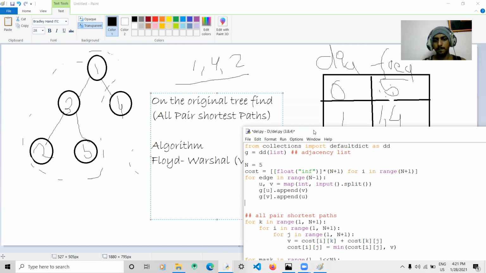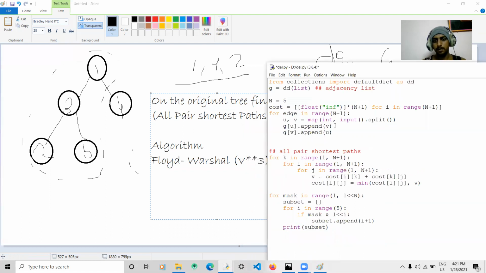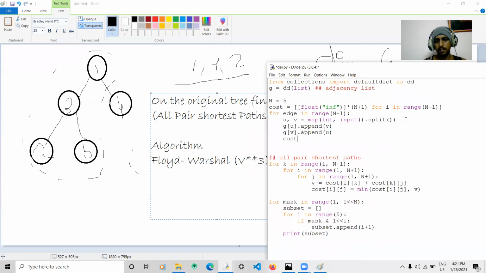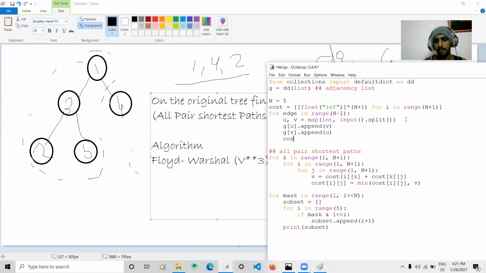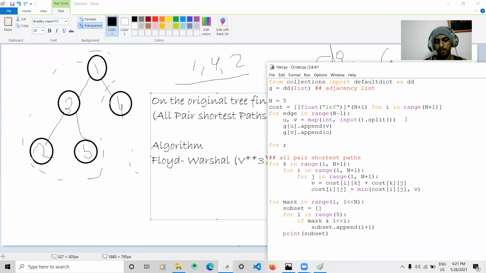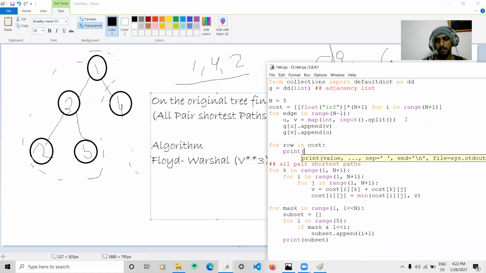Right now the cost is wrong because that's not how costs are defined, but for the time being we know the only paths that are connected are direct edges. If you print right now without doing anything, your cost will look like this.